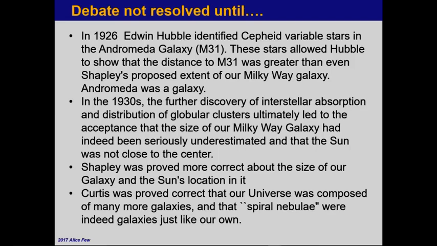In that way, Shapley was more correct about the size of the galaxy and where we were located in it, because from the distribution and the way the globular clusters were orbiting the center, we could see we were not in that privileged point of seeing the globular clusters orbiting us. They were orbiting someplace else.